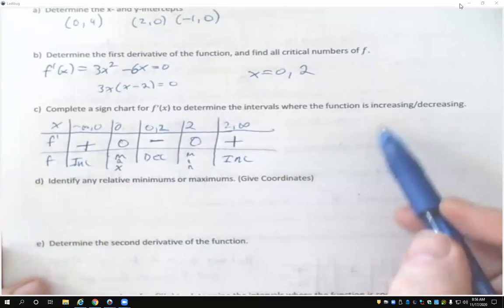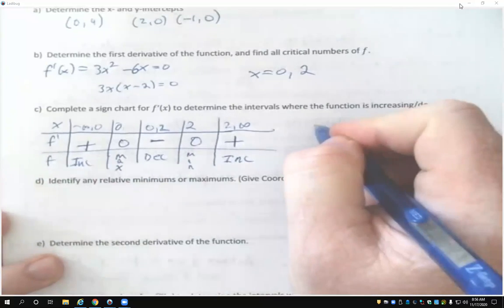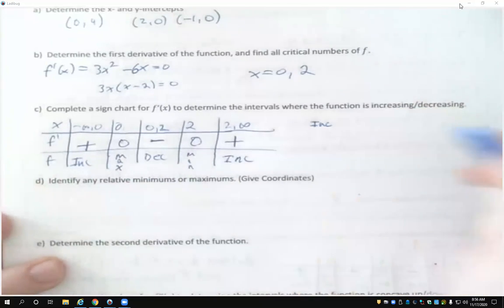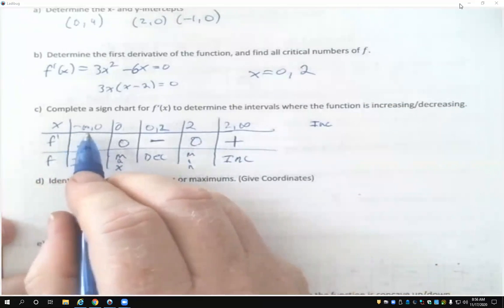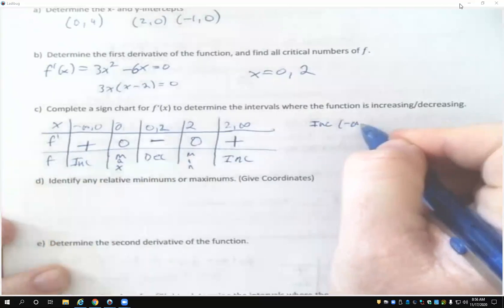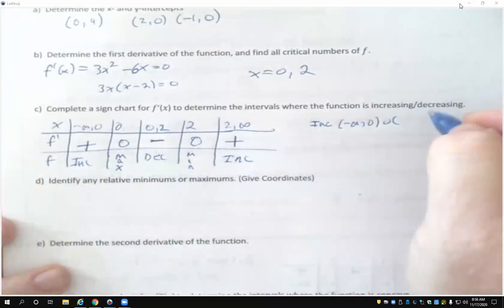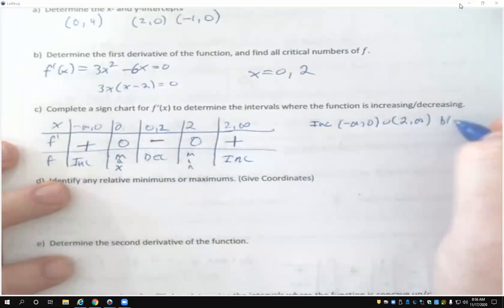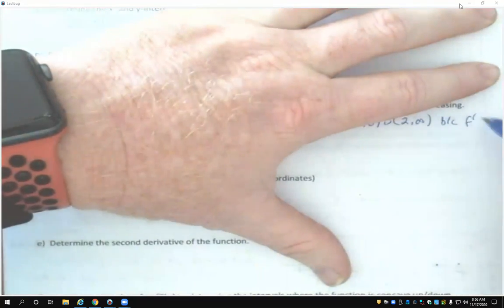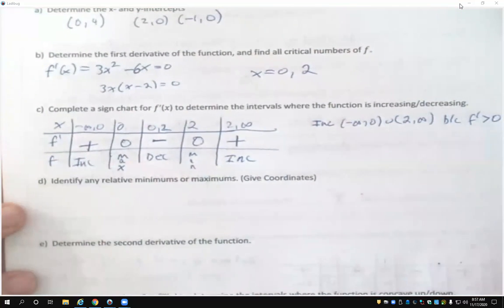This specific question is asking for intervals where we're increasing and decreasing. So we'll start with increasing. We're increasing from negative infinity to 0, union with 2 to infinity. And we need to justify that. The way we're going to justify that is we'll just say because f prime is positive.